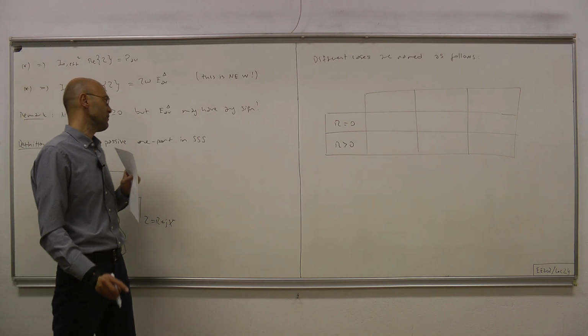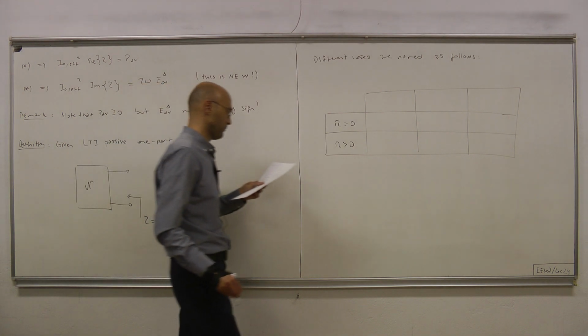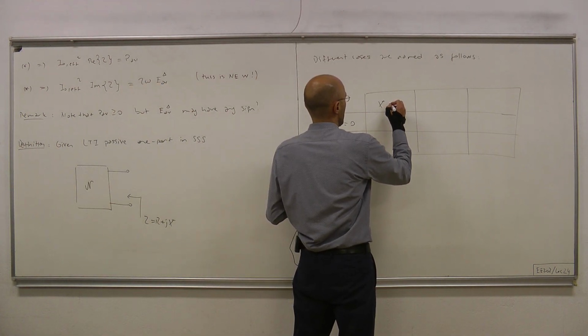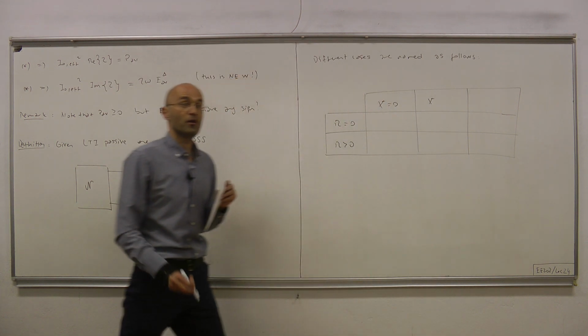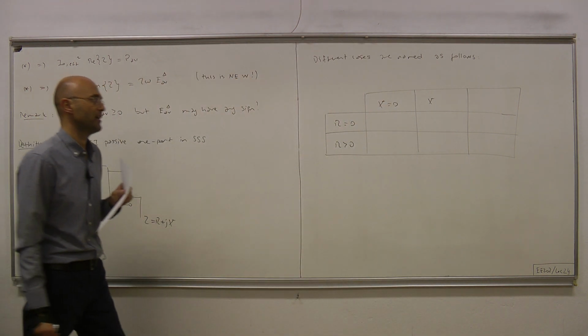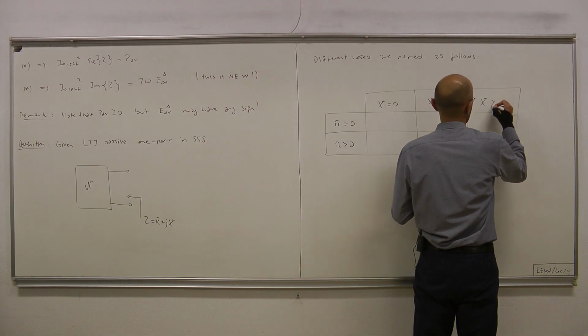Note that R cannot be negative because we're considering a passive situation. As for the imaginary part, X, or the reactance, can have any sign. It can be 0, it can be negative, or it can be positive.